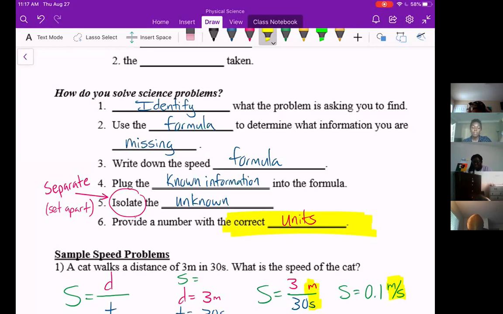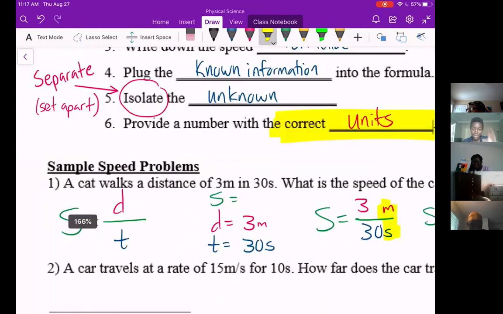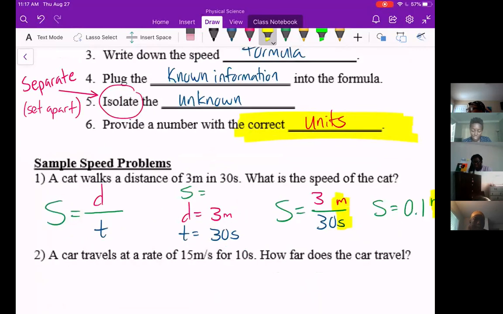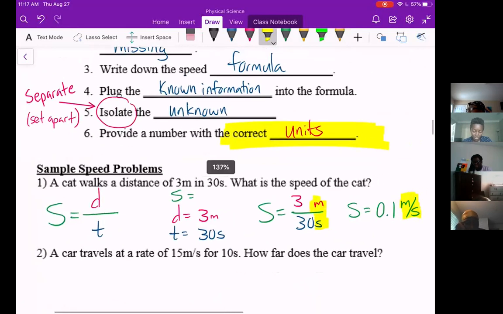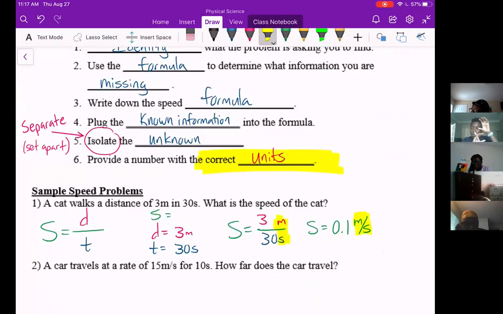So when we're talking about speed, since we're dividing distance by time, your unit for speed will always be whatever unit of distance you have divided by whatever unit of time you have. So for instance, when we did this problem right here, the cat walked the distance of 3 meters.